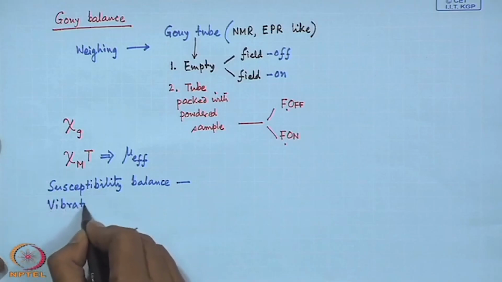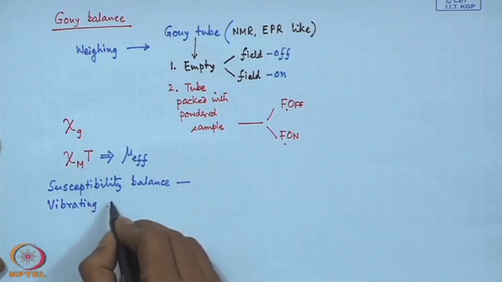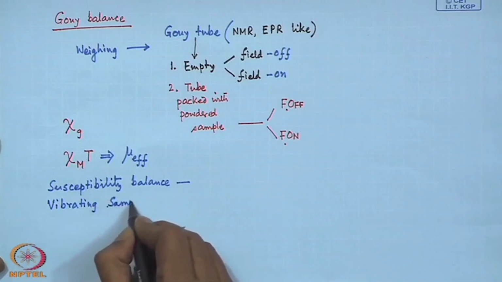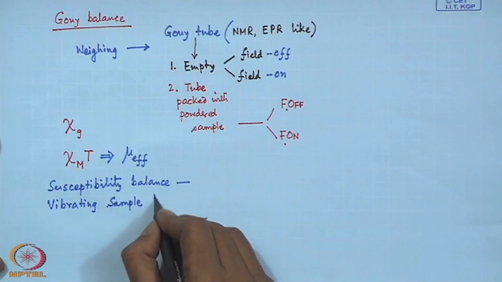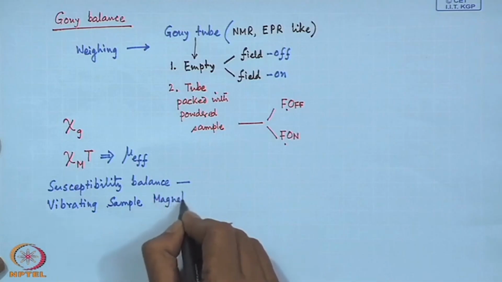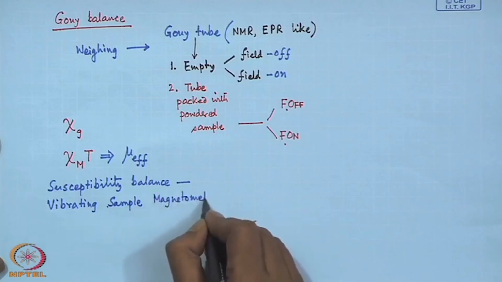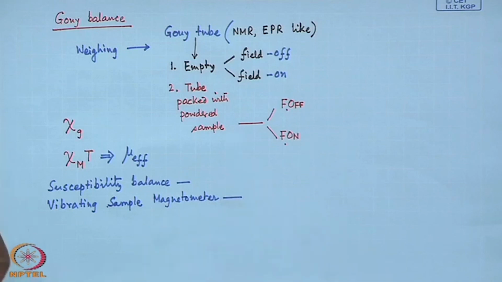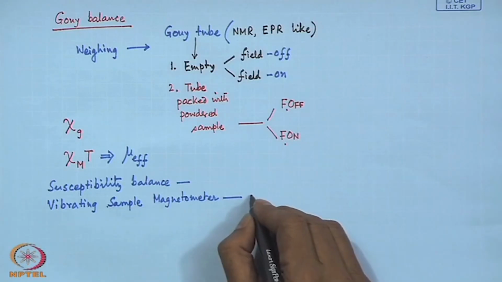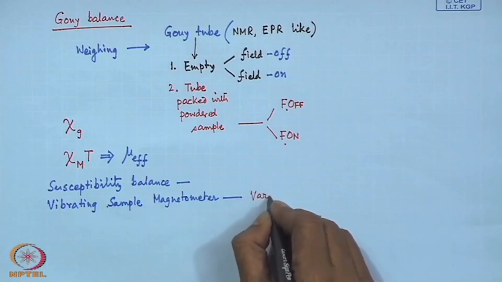Then we can have the vibrating sample magnetometer, which is also useful, and it is also useful for variable temperature measurements.